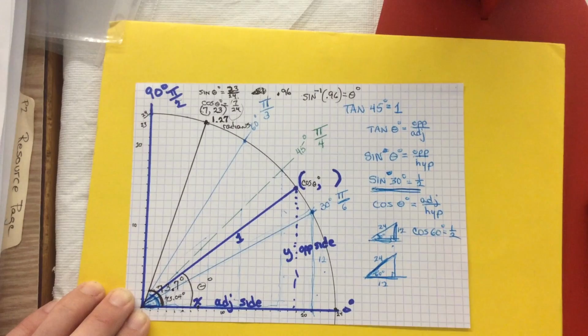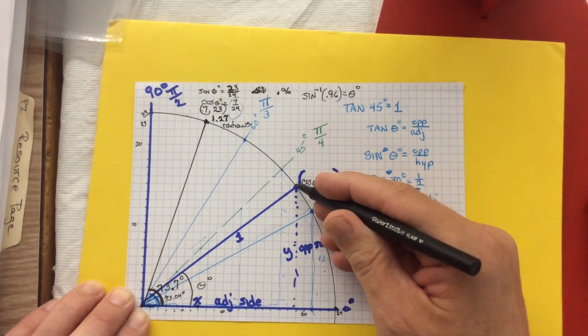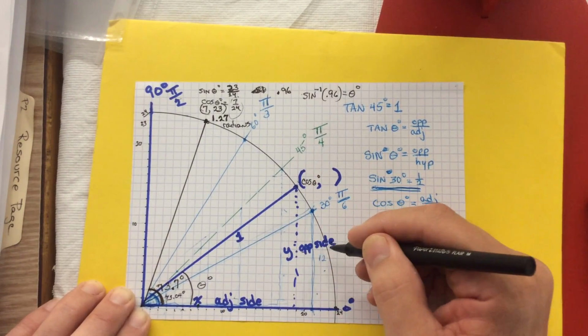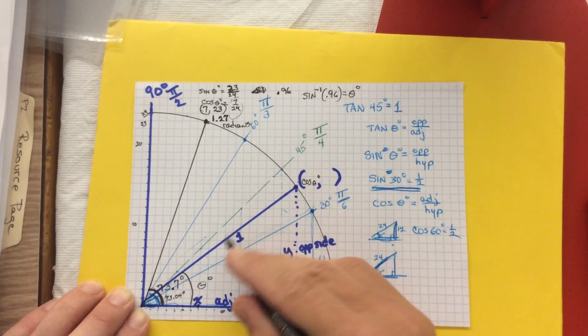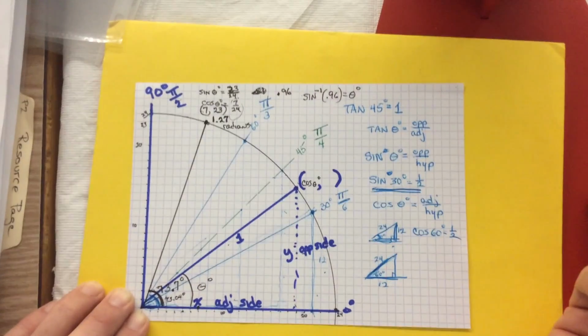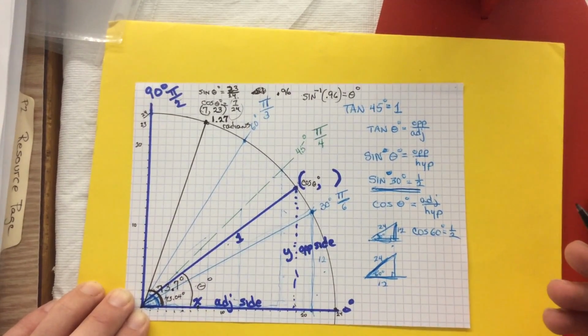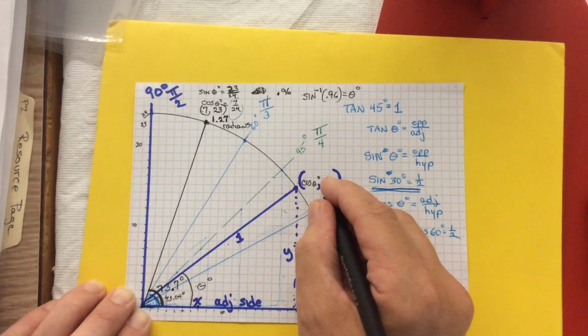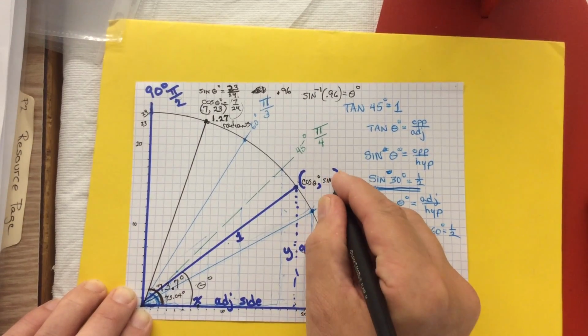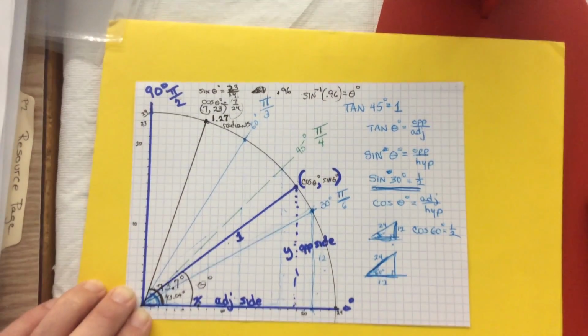And y, this distance right here, the same as the opposite side, is the same as y over 1, which means it's the opposite side over the hypotenuse, which means this has to be the sine of theta.